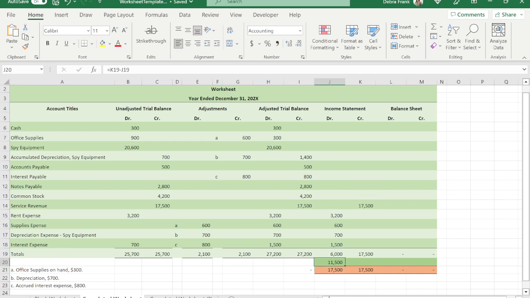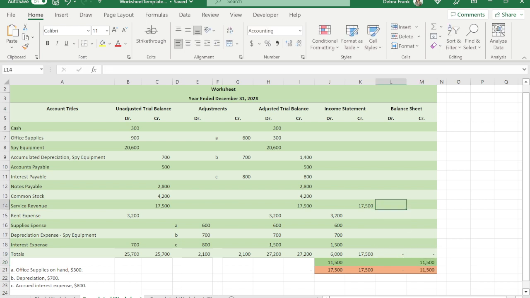This is an internal document to make sure we balance. For sense, it should be a credit, right? Because net income increases equity. Equity's balance is a credit, so we should have a credit on our balance sheet to increase it. We'll get to that in a minute. Let's plug that in here, and we'll see that we balance.